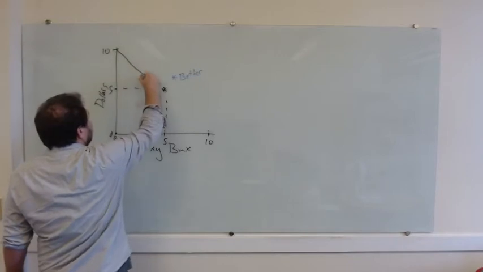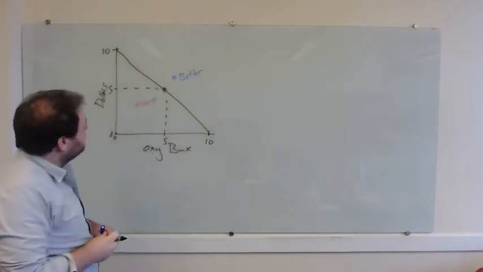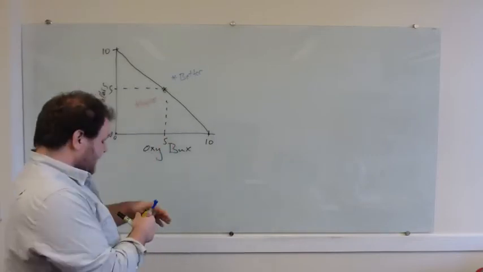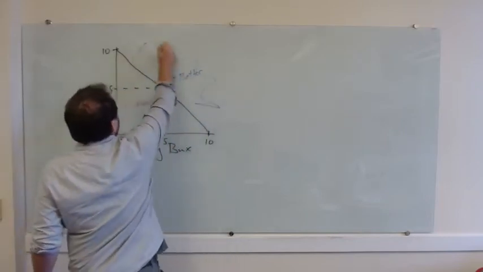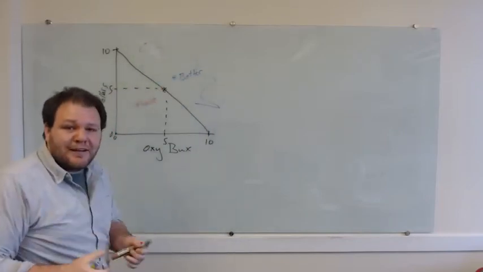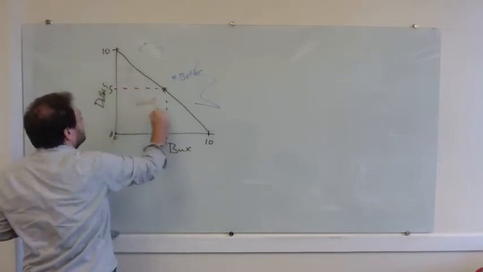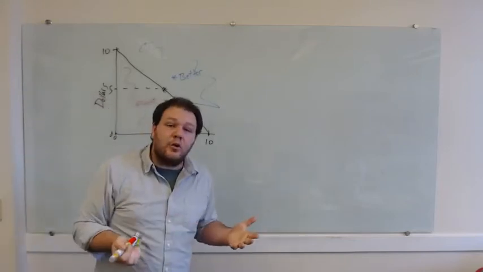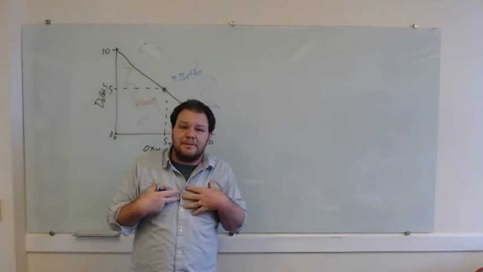So if I drew a line like this, I could say that everything up here is preferable to $5 and $5 for me, and everything down here is worse than $5 and $5 for me. You might not agree, you might have a strong preference for one or the other, but for me, this is going to represent my preferences.